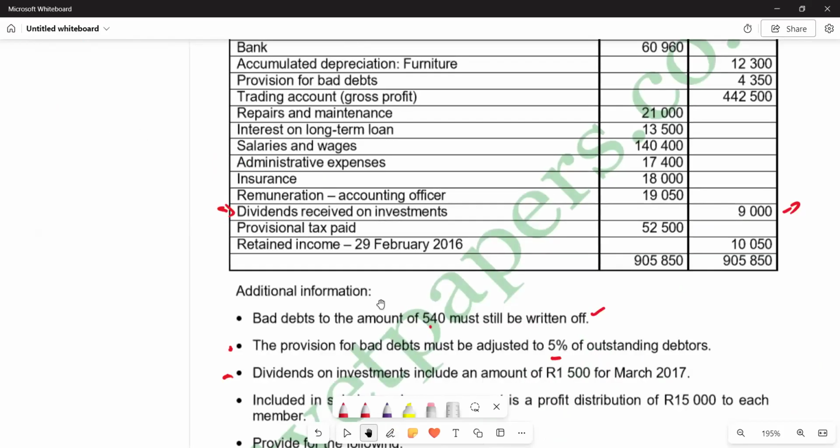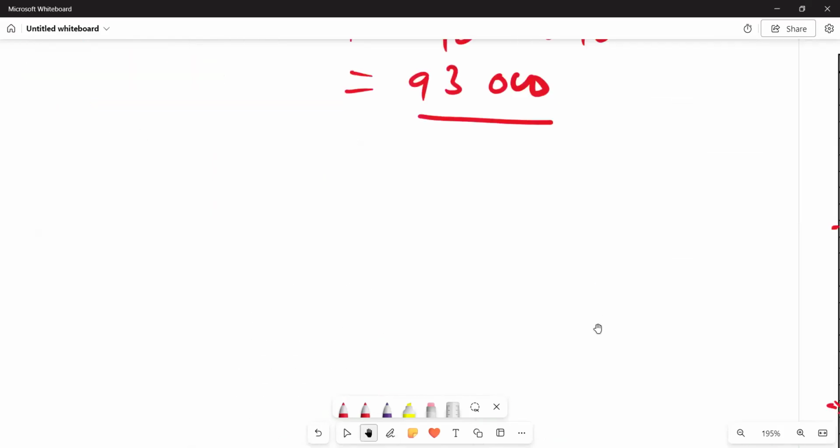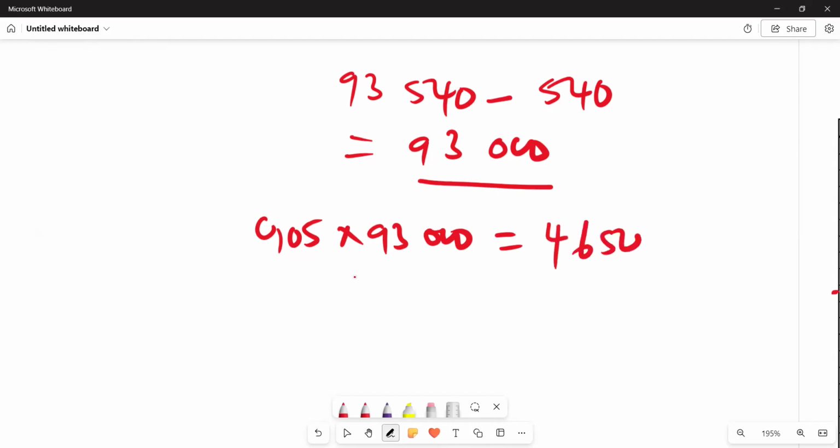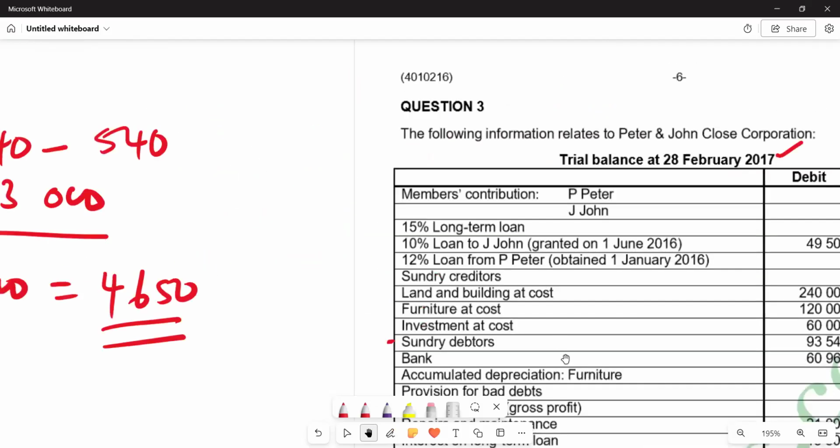So we are going to say the debtors for the period times 5%, and 5% is 0.05 times 93,000. And then we get our 4,650. So this is the level for the period. And then we compare it with the one that we are given in the list of balances.